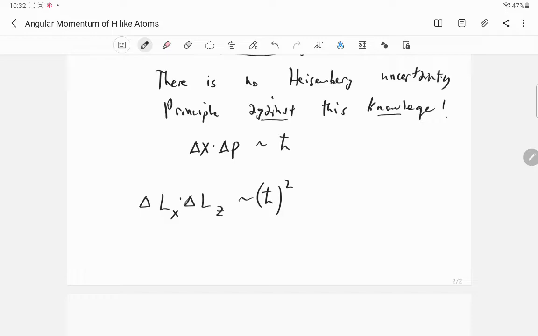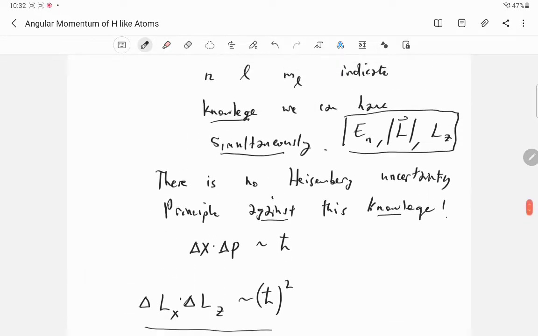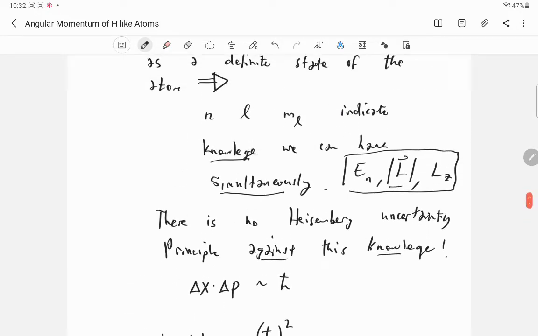So you cannot have simultaneous knowledge of two different components at the same time, but you can have simultaneous knowledge of the total amount with no direction knowledge and only z, x, or y direction knowledge. But because the polar angle theta is special to z, L sub z is the natural one to know.